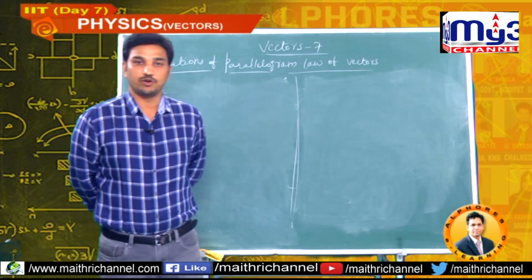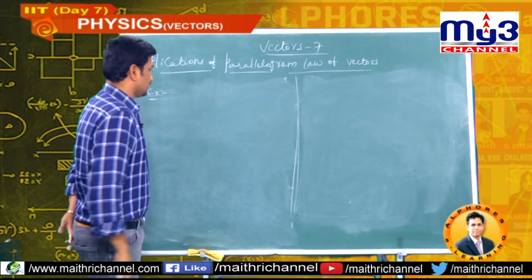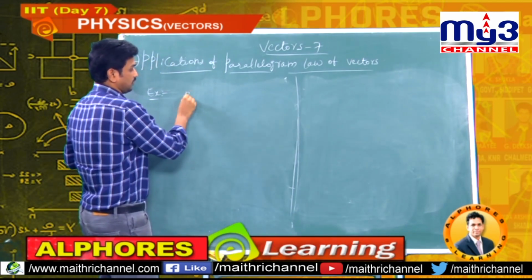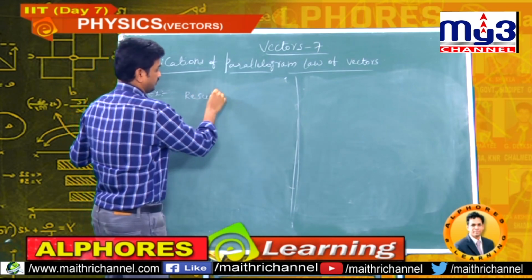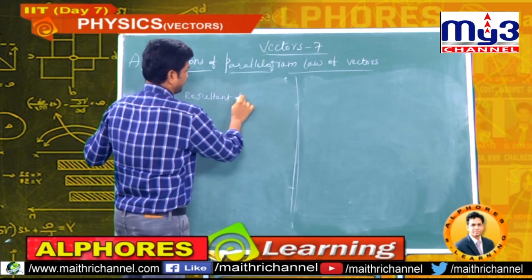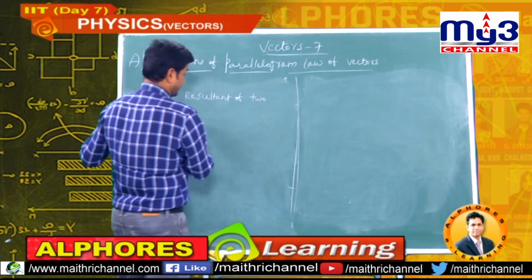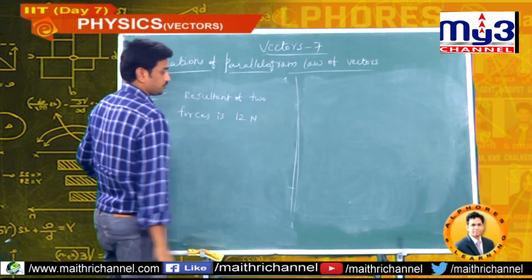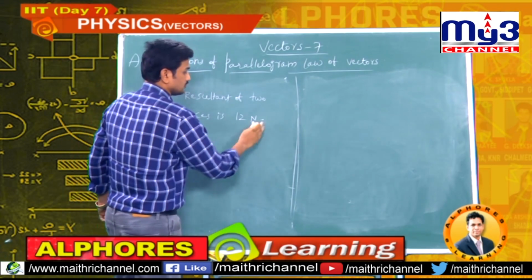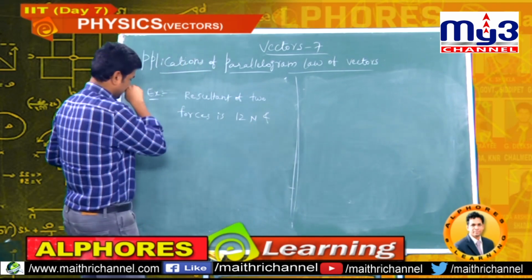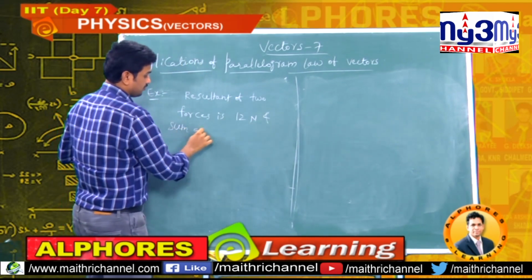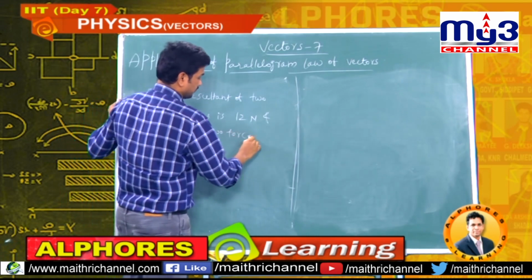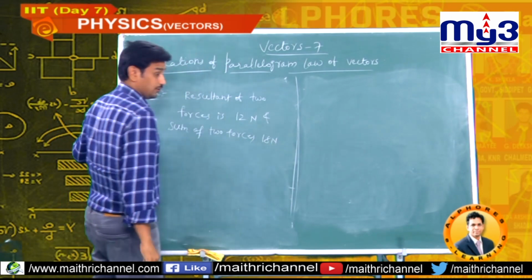Now, shall we go for one more example? See here, the resultant of two forces is 12 newtons and the sum of two forces is 18 newtons.